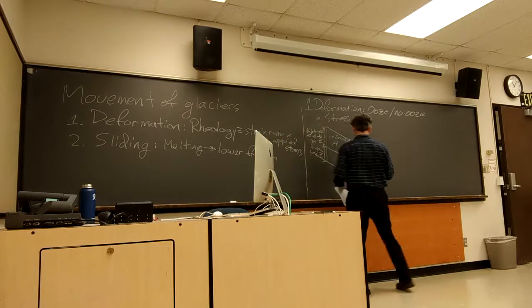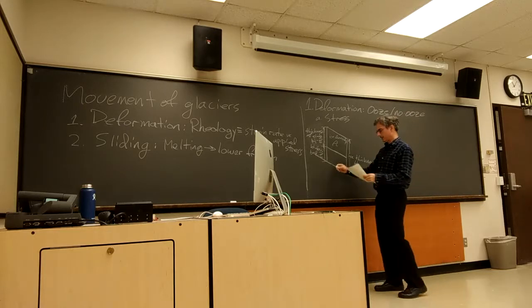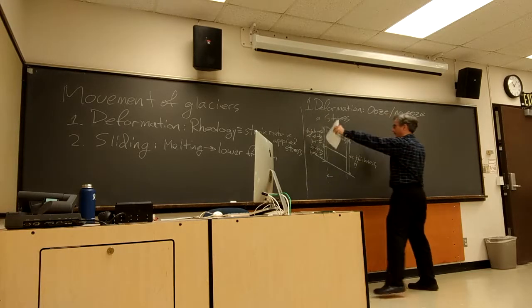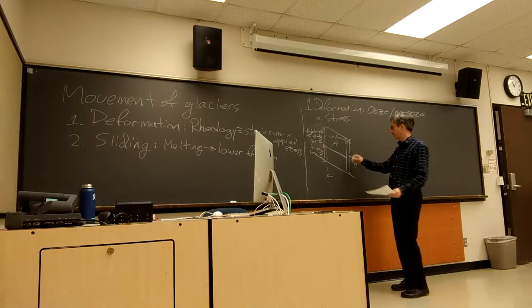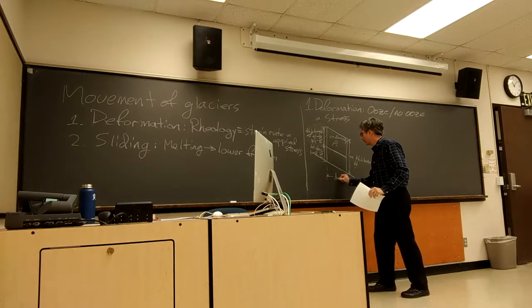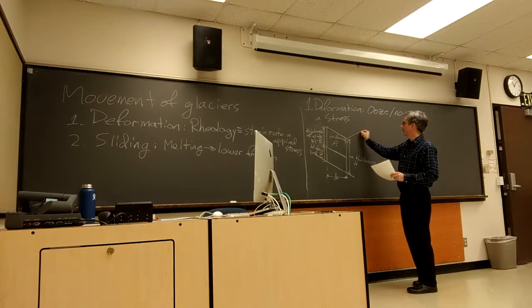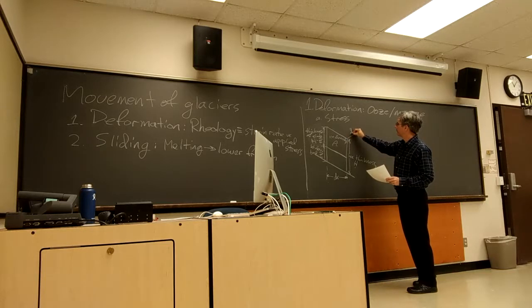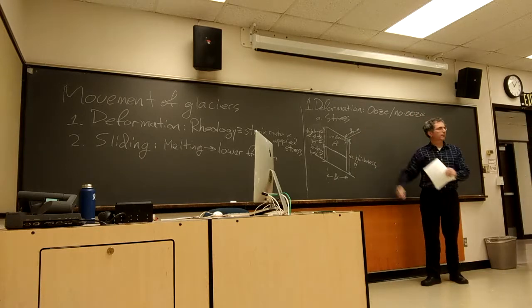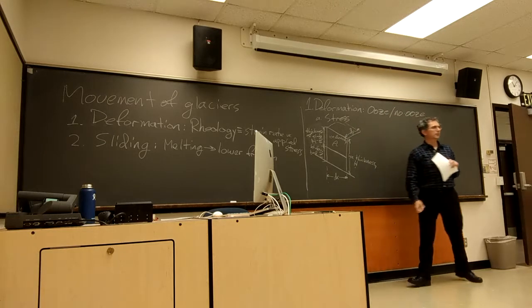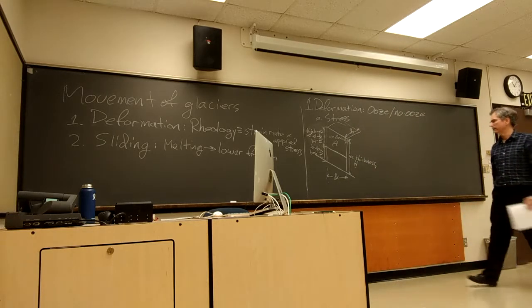It's probably useful to think in terms of, okay, I've got ice going in both directions, upslope and downslope, but I'm just dealing with a bit of it here that has a length horizontally dx. It's got some width into the board here, dy. So we've got some volume of ice. It's not just one or two dimensions, it's got three dimensions.